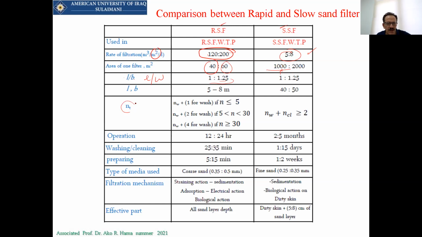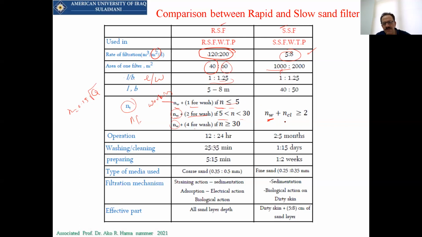The number of filters we need is the number of working filters, NW, plus 1 if N was less than 5, plus 2 if it was between 5 and 30, and plus 4 when it was more than 30. N is equal to 0.25 Q, where Q is under a square root.